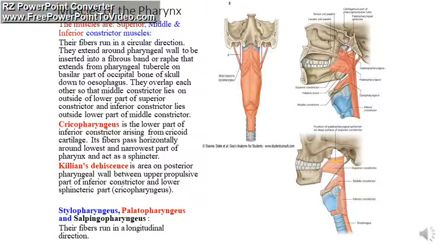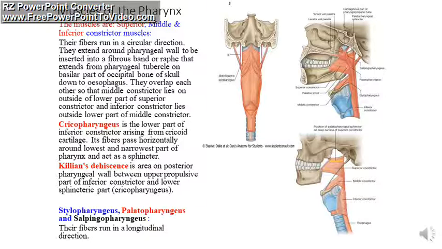As we said, these muscles are the superior, middle, and inferior constrictor muscles. Their fibers run in a circular direction. If you look here, the circular direction, and they extend around the pharyngeal wall to be inserted into a fibrous band or raphe that extends from the pharyngeal tubercle on the basilar part of the occipital bone, from this area.